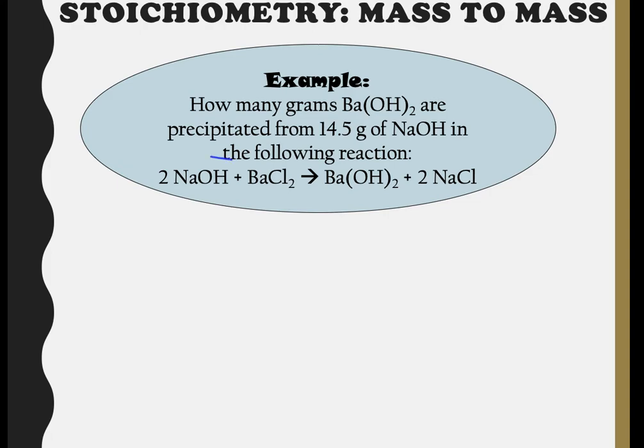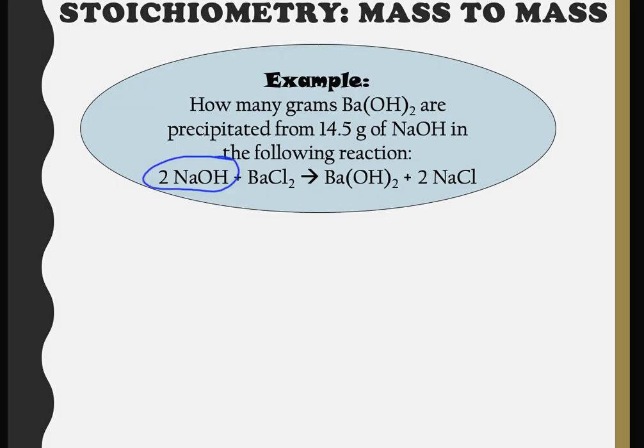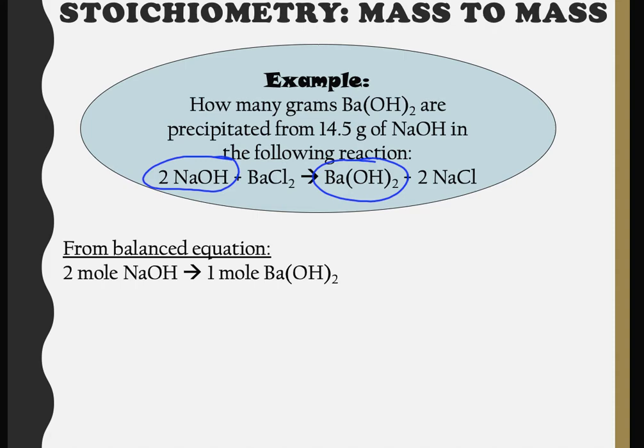So I'm going from sodium hydroxide to barium hydroxide. So I'm going from one compound to a totally different compound. So I need the mole ratio to do that. So in this problem, my mole ratio is 2 to 1. So it takes 2 sodium hydroxides to make 1 barium hydroxide.